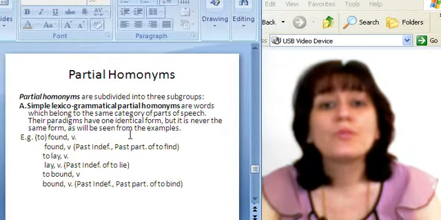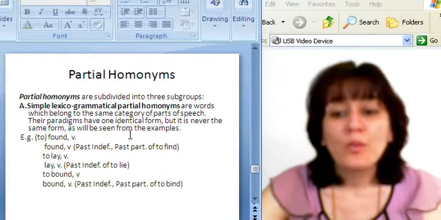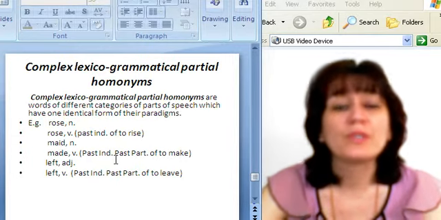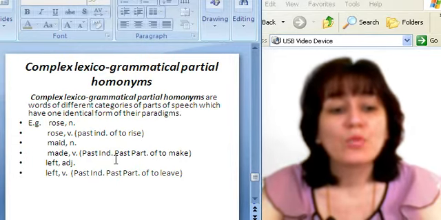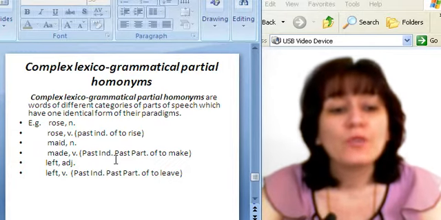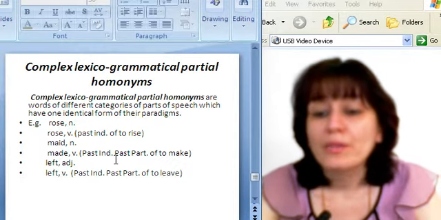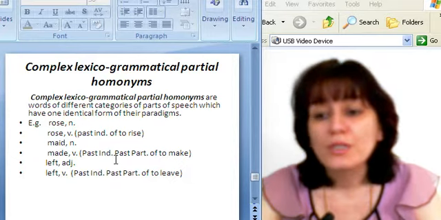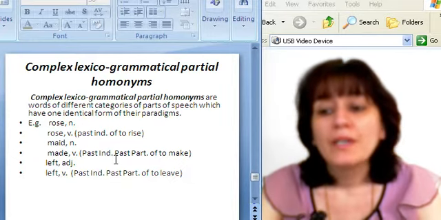So now let us deal with the complex lexicogrammatical partial homonyms. Complex lexicogrammatical partial homonyms are words of different categories of parts of speech which have one identical form of their paradigms, such as rose and rose. So rose as a noun, a kind of flower, and rose as a past indefinite of the verb to rise.